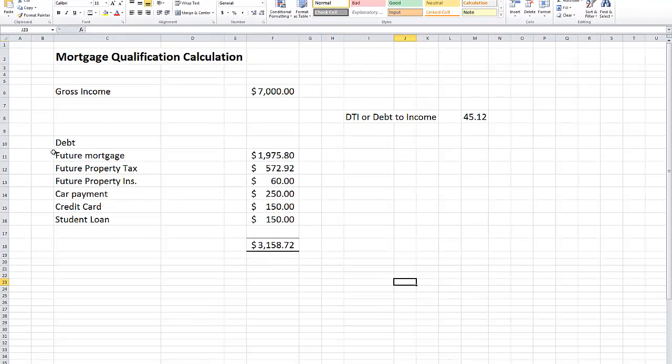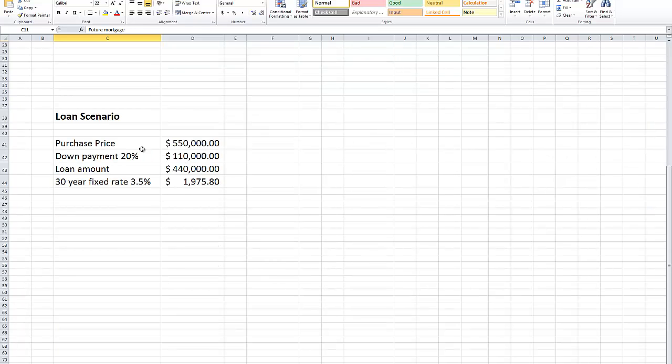Now, for the future mortgage payments portion, I would need to take you down to the loan scenario. This loan scenario would be the purchase price of the property, and then whatever down payment you're making. It used to be that we could have either a low or a no down payment, but nowadays they would require you at least 20% down.